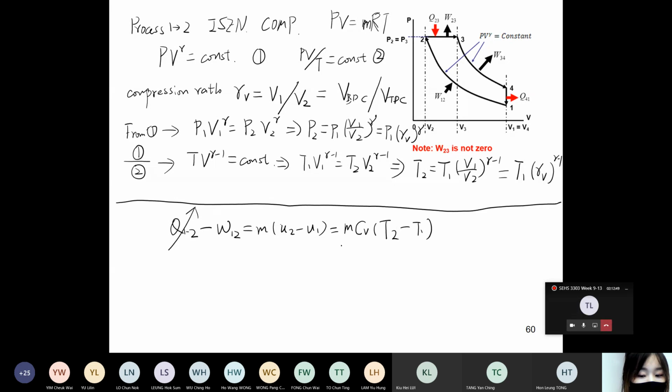Use the property of perfect gas, use the equations. Now we arrange it. What do we have? We can calculate the work input. It should be m C_V (T1 minus T2), okay? That is your work input.